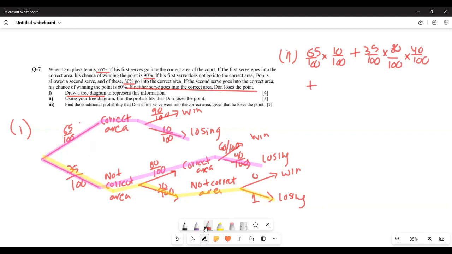Plus the last one is not correct area, and then losing. So 35% times 20% times 1.